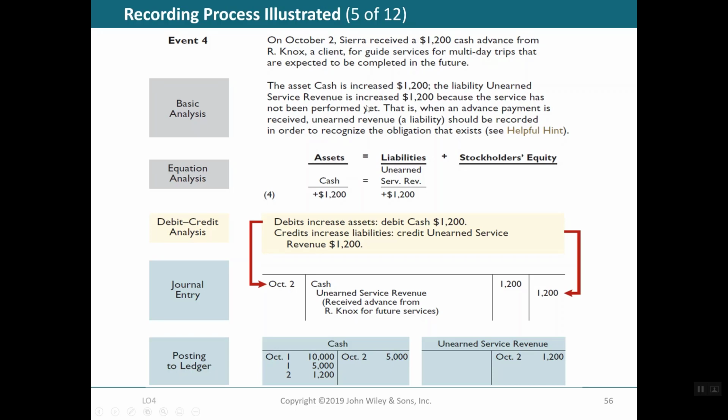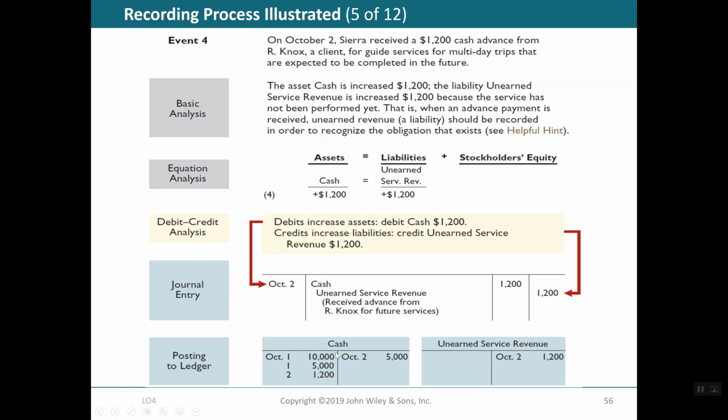All right, so assets again equal liabilities plus stockholders' equity, right? We don't want to forget that. So an increase in our cash, but also an increase in liability, which is unearned service revenue. And every time we have an increase in cash, you debit. You have an increase in liability, you credit. So we have in our journal cash debited and unearned revenue, which is a liability, credited.